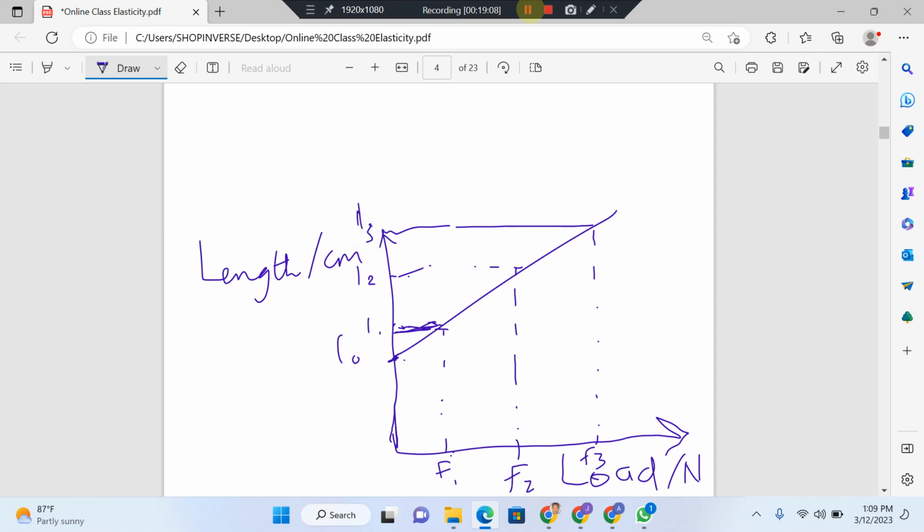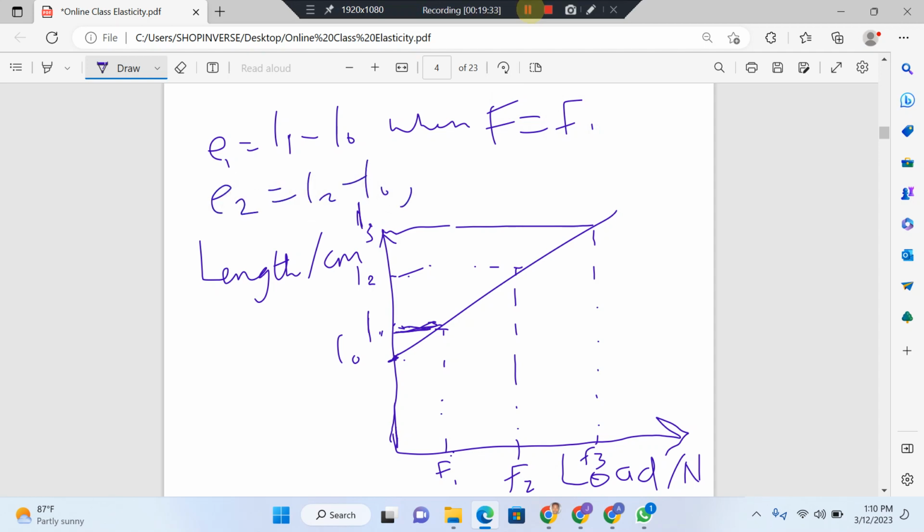The point I'm making is that if you want to get the extension here, then the extension E will be L1 minus L0. That will be the first extension, when the force applied is equal to F1. Also, the second extension will be L2 minus L0, and that will be the extension when the force applied is equal to F2. That is how you get extension.